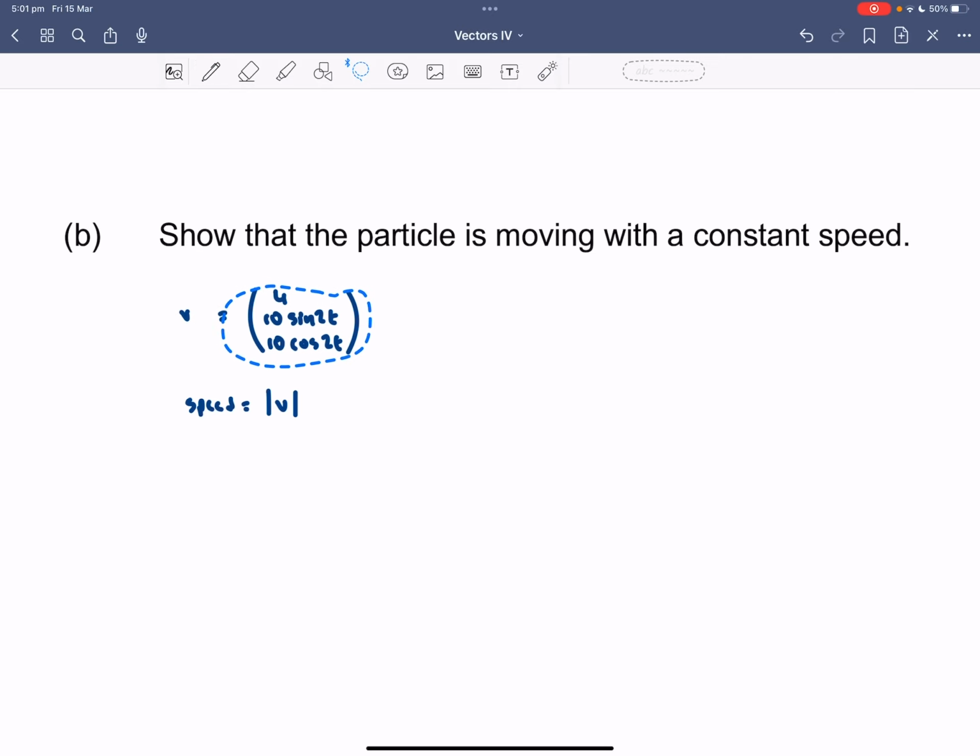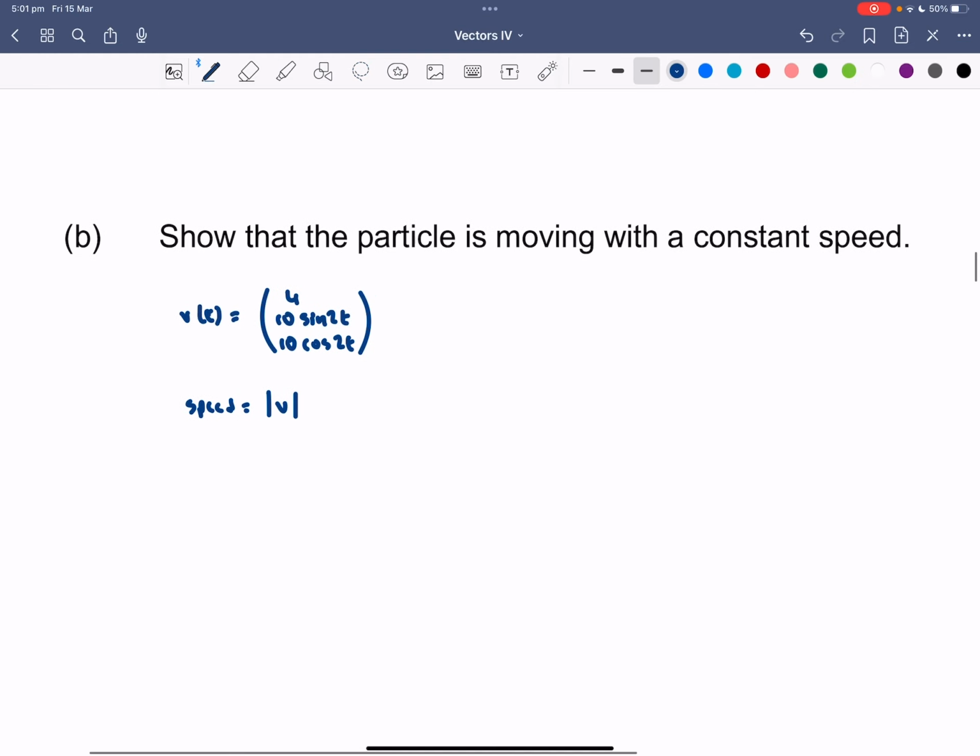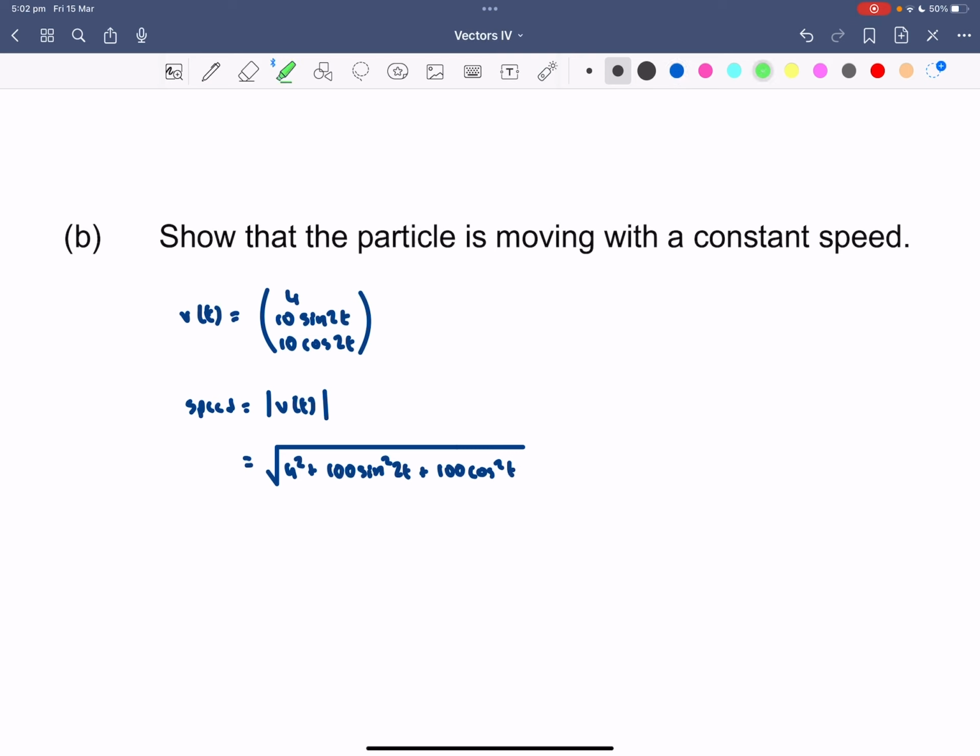To be a bit more specific, this is velocity in terms of t. So if you wanted to be more polite mathematically, we're going to work out the magnitude of the velocity vector and show that it's constant. So it's 4 squared plus 100 sine squared 2t plus 100 cos squared 2t. That's perfect, because we know sine squared t plus cos squared t is 1, so 100 sine squared t plus 100 cos squared t is 100.